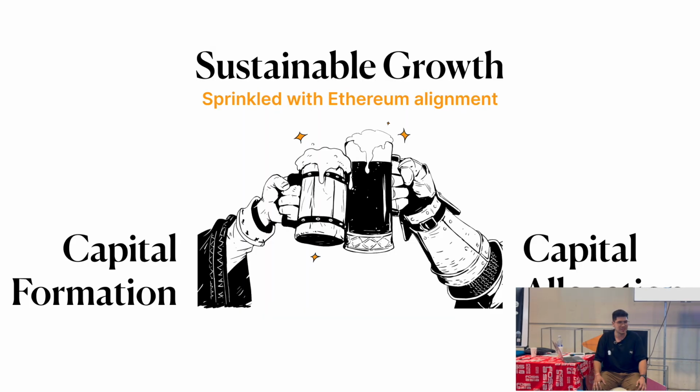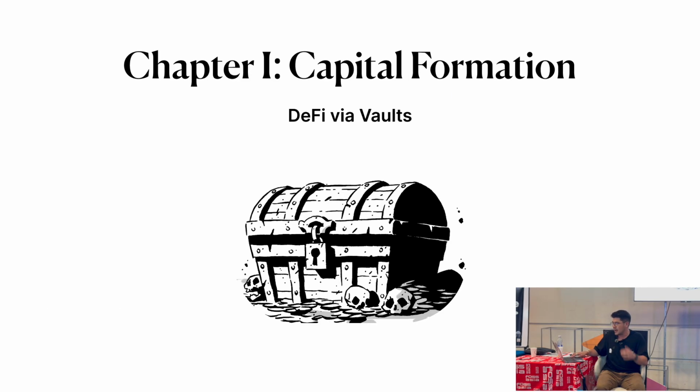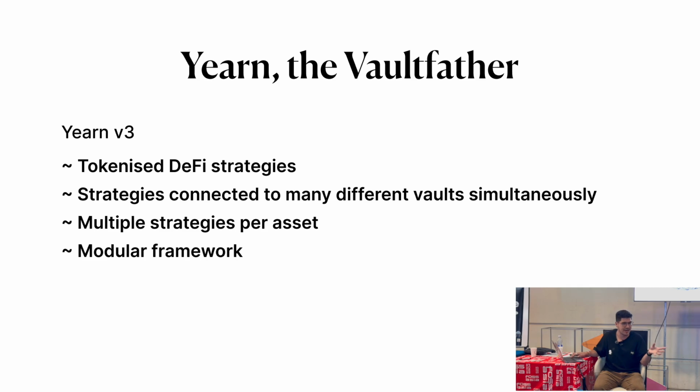So yeah, this is how we see the world. Sustainable growth means capital formation with capital allocation, sprinkled with a little bit of Ethereum alignment. We don't need to go too deep into that, but the two parts that compose Octant V2 are the capital formation side, which we launched last week.